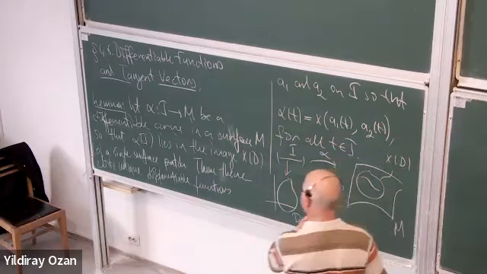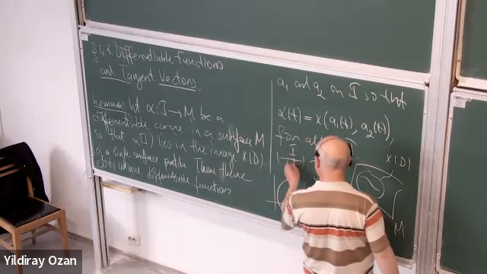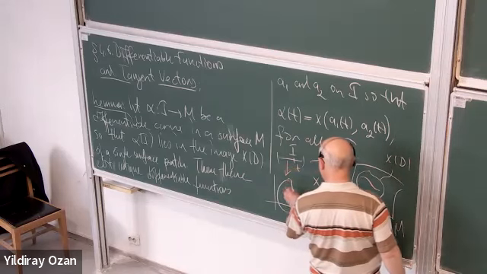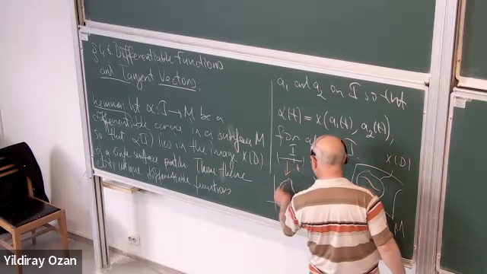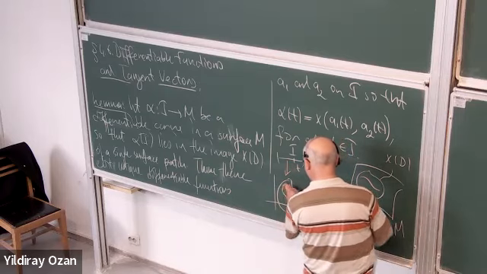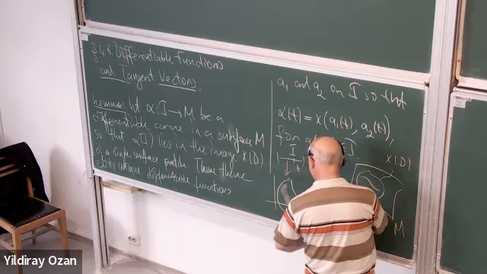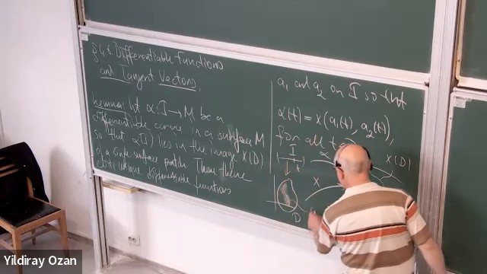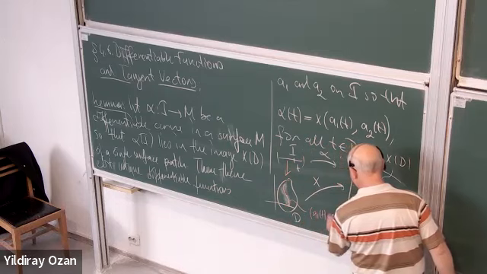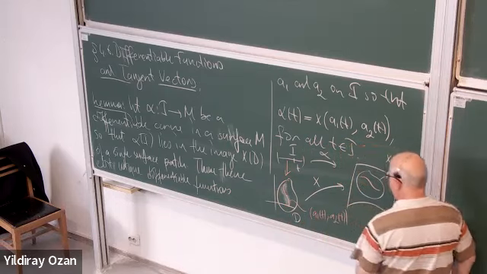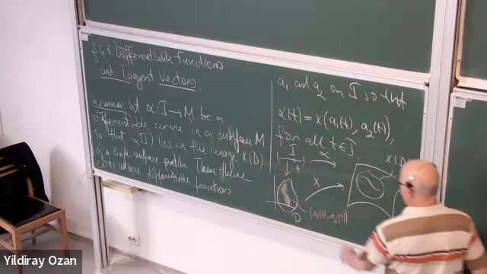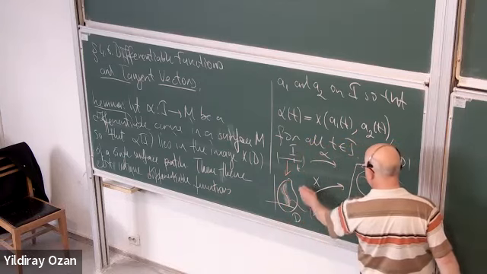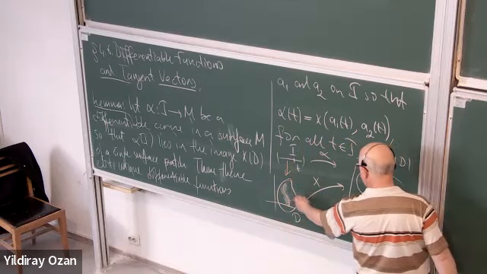Let's say t. So I have a function here: a1(t), a2(t), and the image of alpha is just the image of this composition.